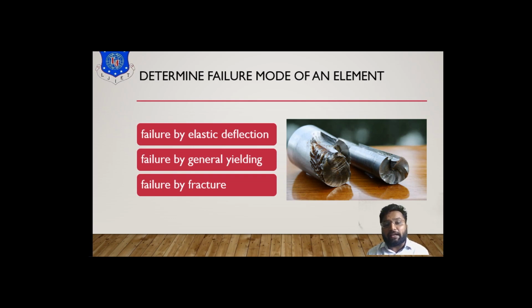While in a spring or a suspension, we allow elastic deflection, but it shouldn't yield and no kind of fracture should take place. So these are the different criteria for different components depending on their functions. So these are the failure mode criteria for our component: it could fail by elastic deflection, yielding, or fracture.